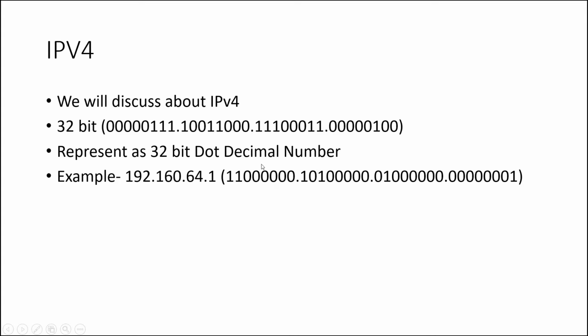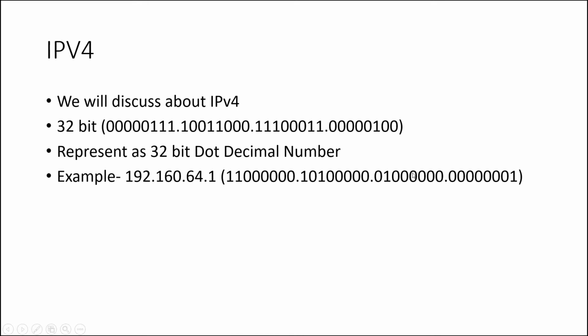So guys, I hope that you have an idea how to convert binary numbers to decimal numbers. From the left-hand side, I select the first 8 bits. Then I convert it into a decimal number. It gives the number 192. Then I go to the second part. When I convert it into a decimal number, it's 160.